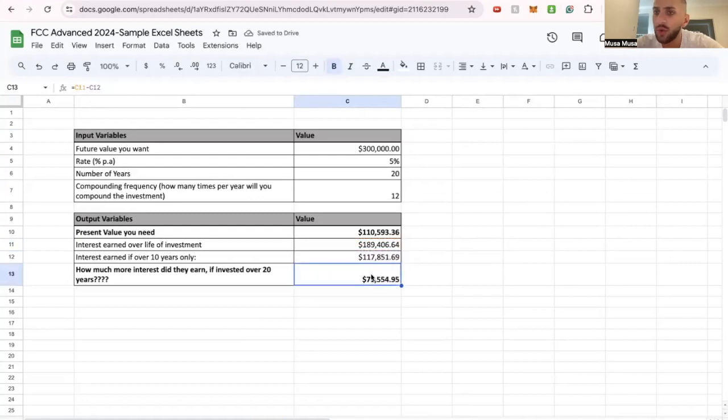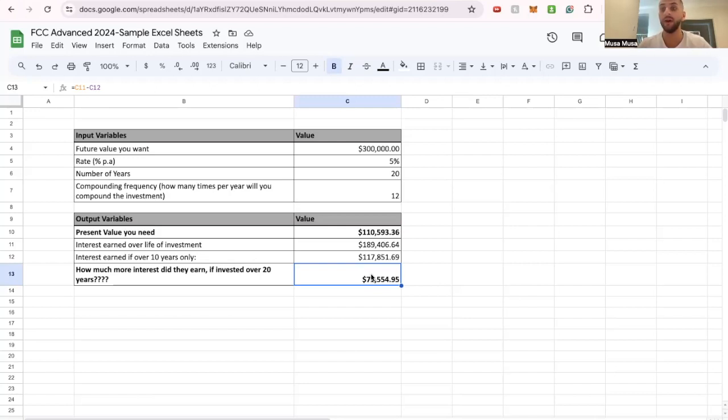So why do you earn more interest if you invest for a longer period of time? We have the same future value; both of them have a future value of 300K. If you're going to invest over 20 years, you don't need as much money to start off with today, as opposed to if you were only going to invest for 10 years.